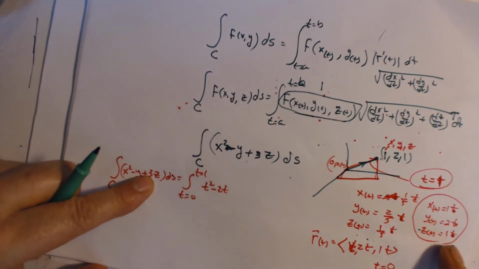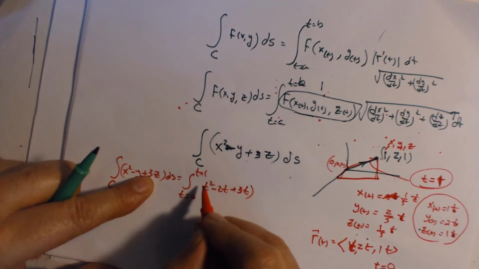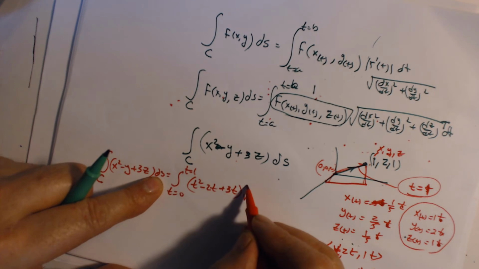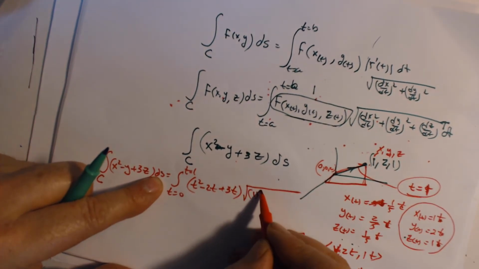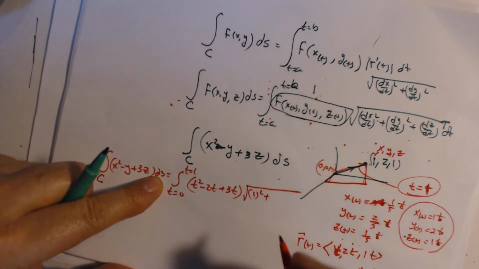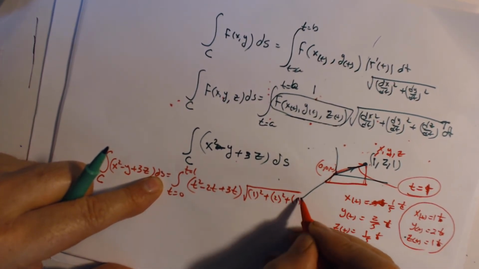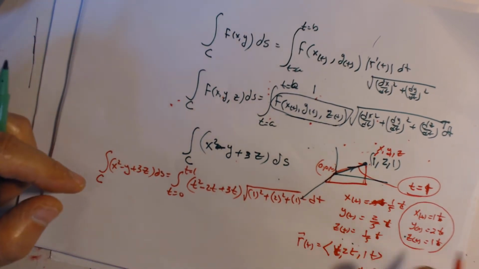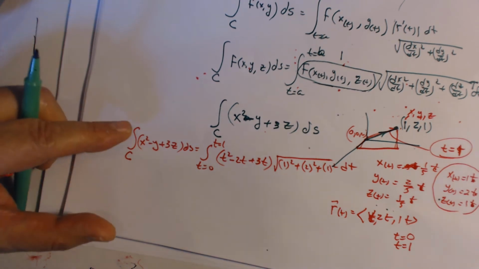And instead of z, you put 1t. And instead of ds, you put the square root of (dx/dt) squared plus (dy/dt) squared plus (dz/dt) squared, dt.